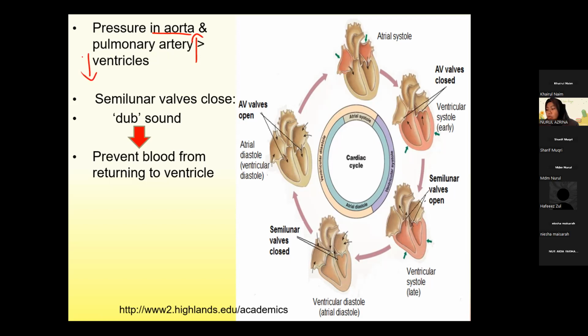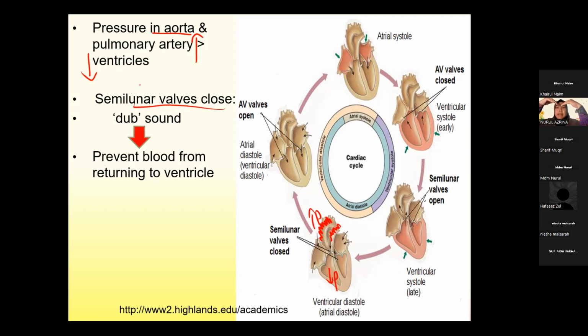You just imagine kat sini darah banyak sangat dah. So the pressure increases, and the pressure inside the ventricle is lower. So the blood has a tendency to flow back into the ventricle from high pressure to low pressure. To avoid that from happening, semilunar valve will close.